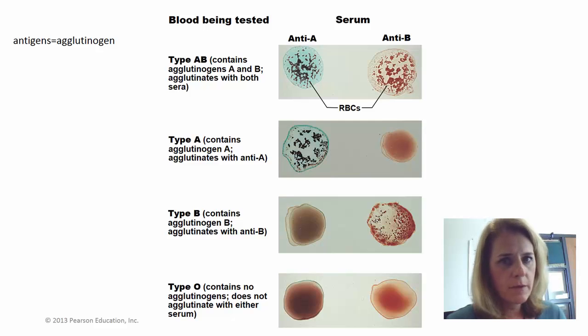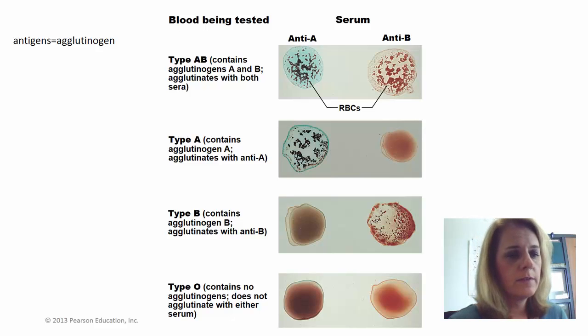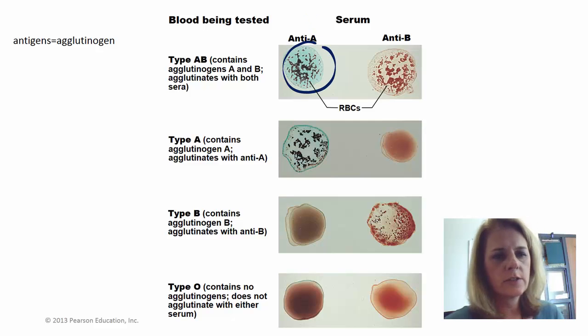So in the lab, and you guys will kind of do a virtual version of this, we do a lab test where we actually test everyone's blood and figure out what you have. And so you have a card, and it has serum in it, or plasma basically, that has those antibodies. So in this side we have a little vial or a little dish that's got the anti-A serum.